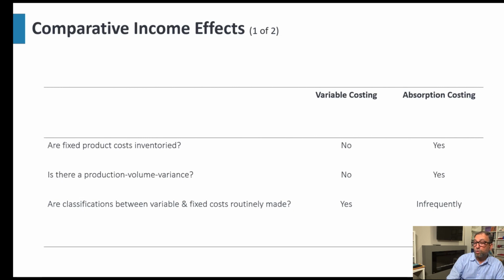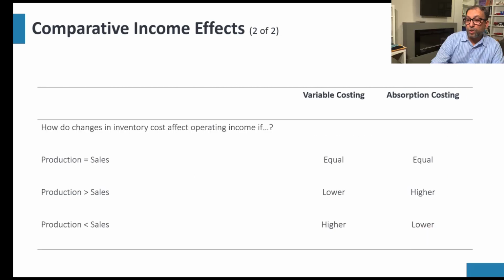No. In absorption costing, yes. Is there a production volume variance in variable costing? No. And in absorption costing, yes. Is the classification between variable and fixed costs routinely made in variable costing? Yes. And in absorption costing, infrequently, not so much.